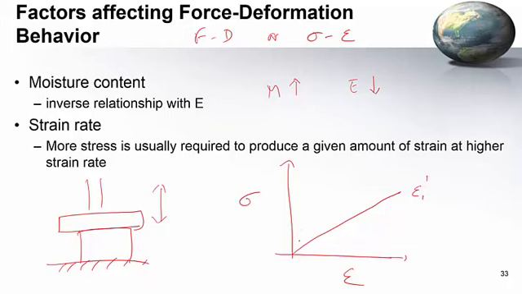If the strain rate is higher, typically the curve line moves up. So this is the higher strain rate, and this is the lower strain rate. So typically for a given strain, at a higher strain rate, you need more stress.